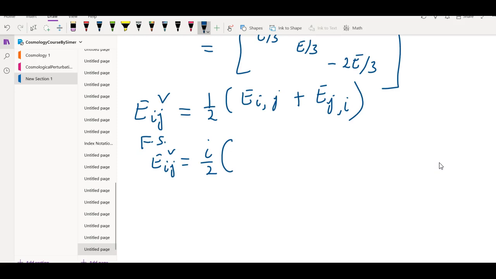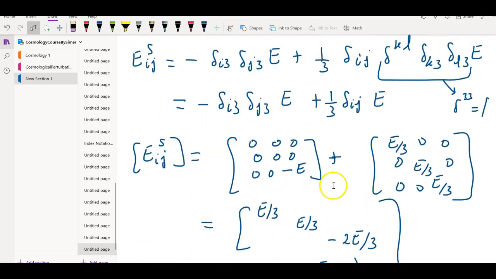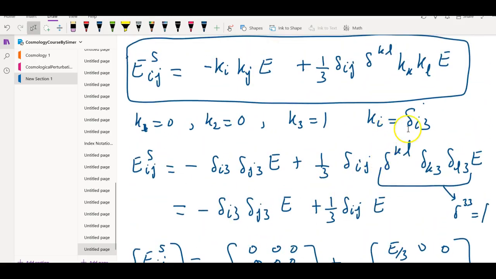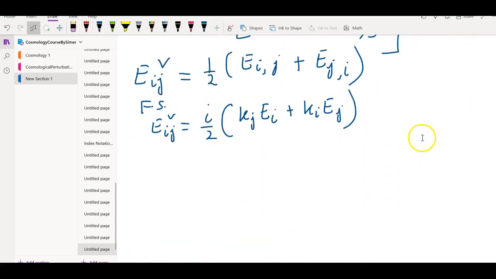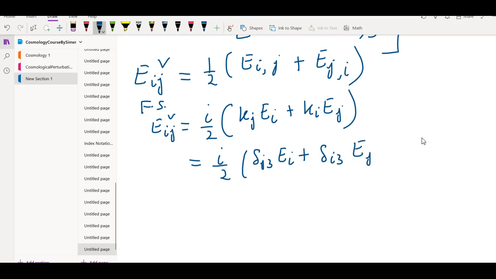So this will be kj Ei plus ki Ej. And what is kj? Kj is delta j3. This is equal to delta j3 Ei plus delta i3 Ej.